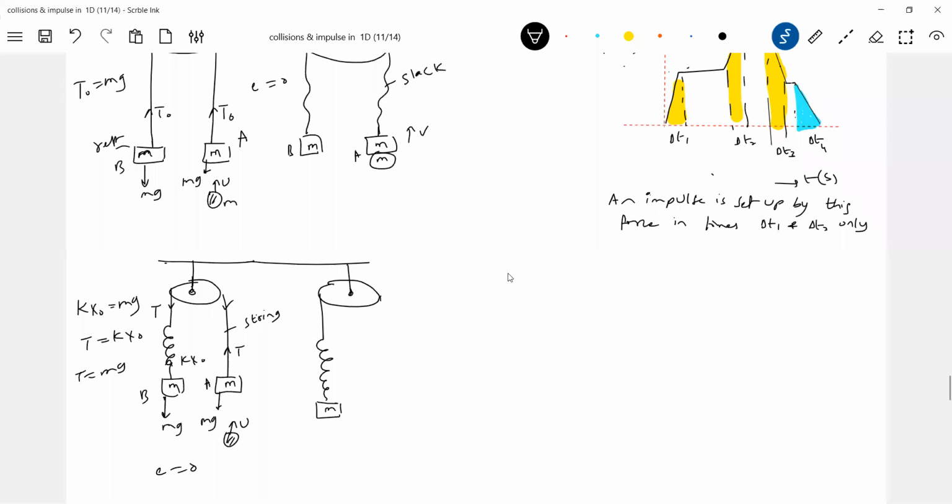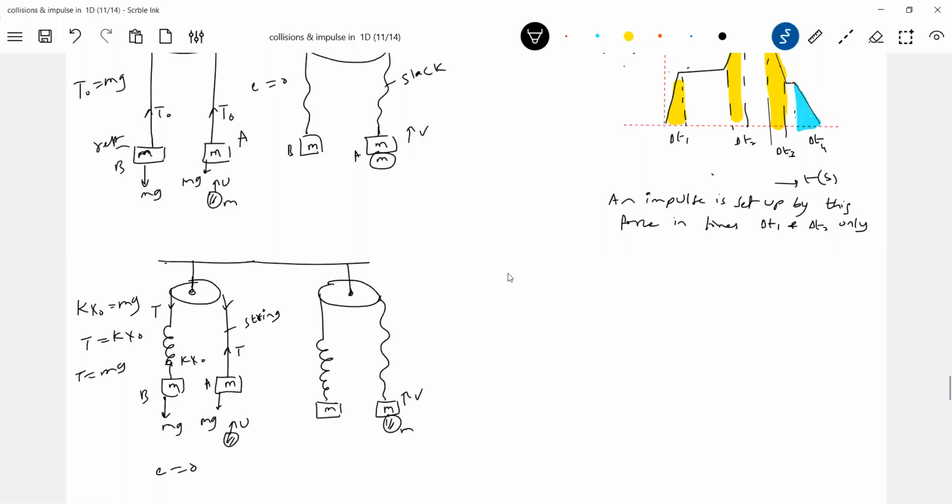Already in laws of motion, I discussed a few numericals, if you can recollect. So this will become slack, no? And they will have combined velocity v. The string will become slack.